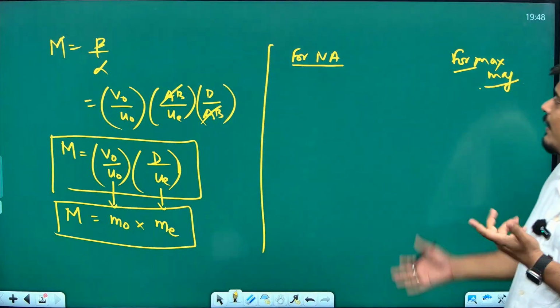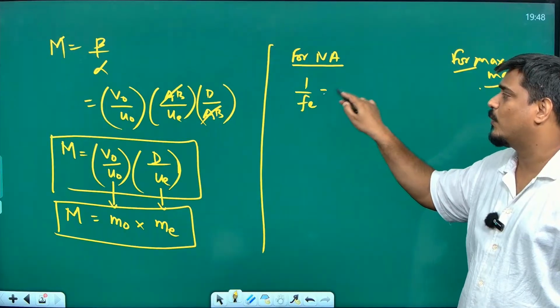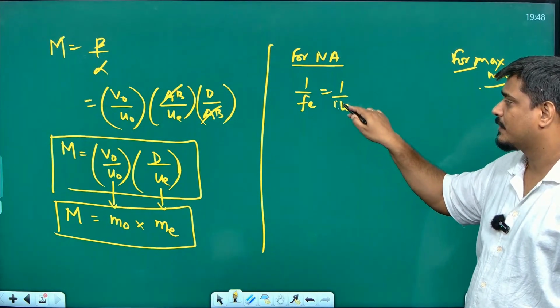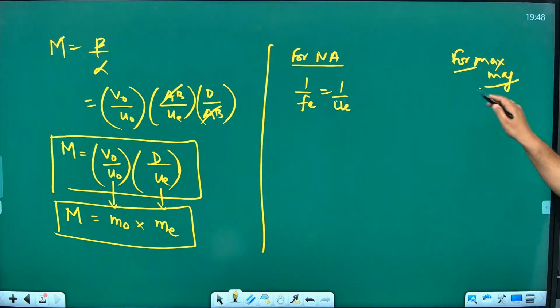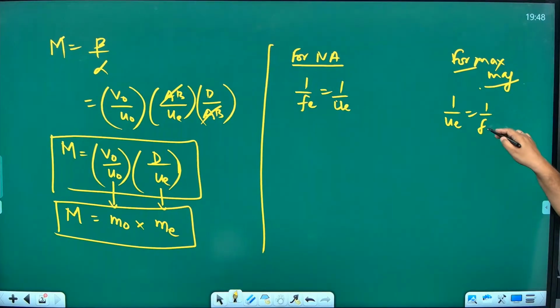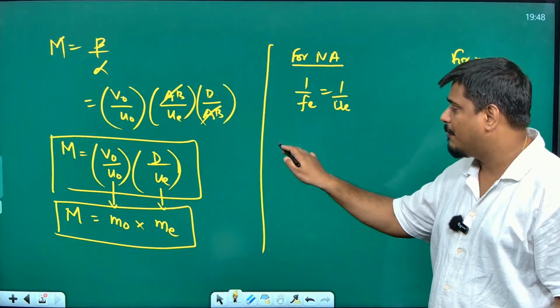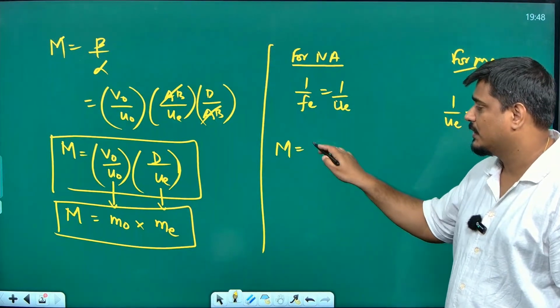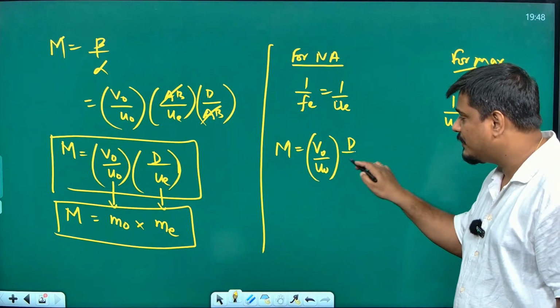What happens in normal adjustment? I told you, normal adjustment, 1 by Fe is equal to 1 by UE. Remember this? If you're not remembering this, see the previous class lecture. And for maximum magnification, I have 1 by UE is equal to 1 by Fe plus 1 by D. Check. So now if I substitute it here, I'm going to get magnification as VO by UO into D by Fe.